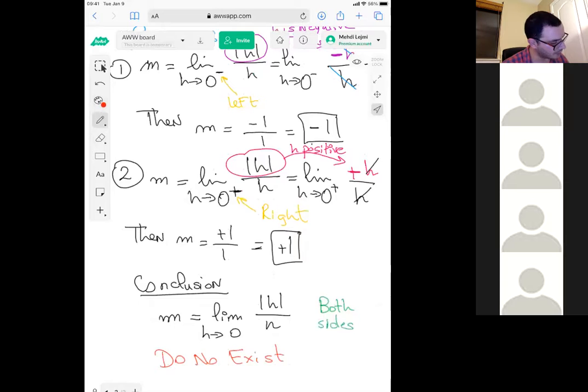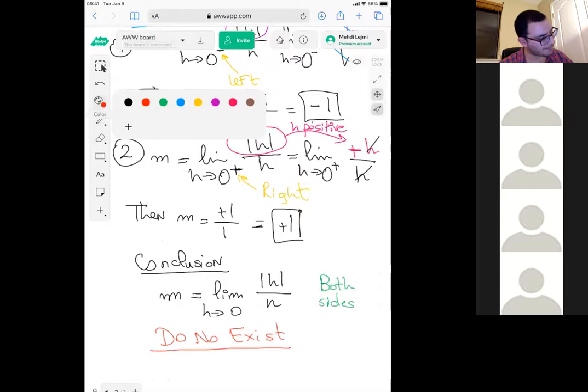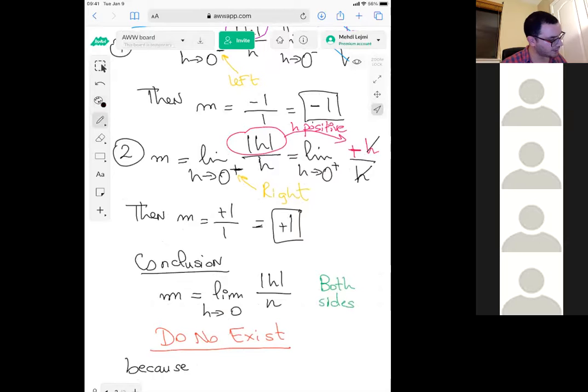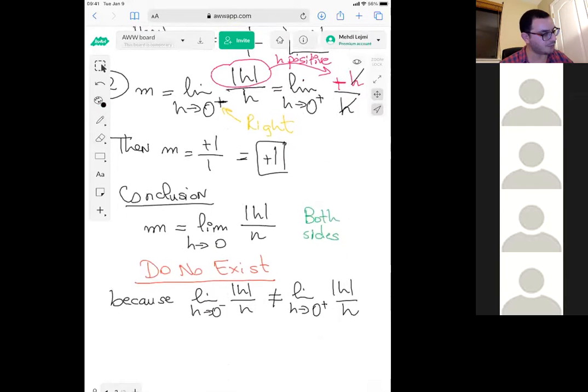So m does not exist, because the limit from the left is different from the limit from the right. Because the limit as h goes to 0 minus is different from the limit as h goes to 0 plus. Right? So your m does not exist.